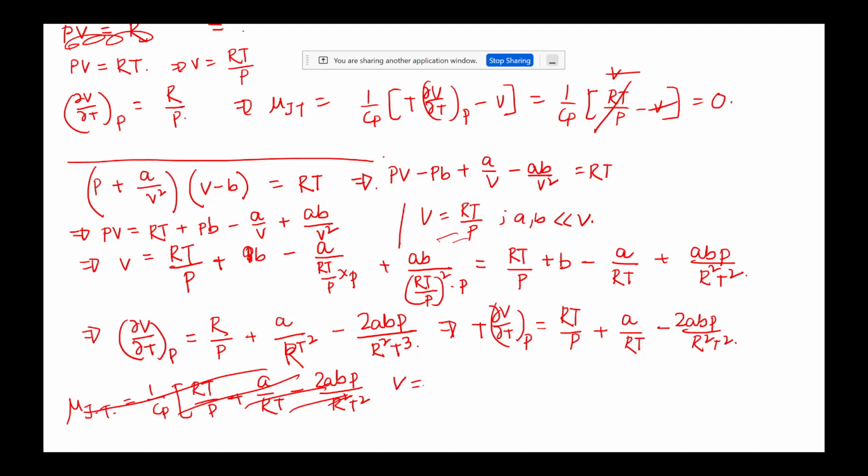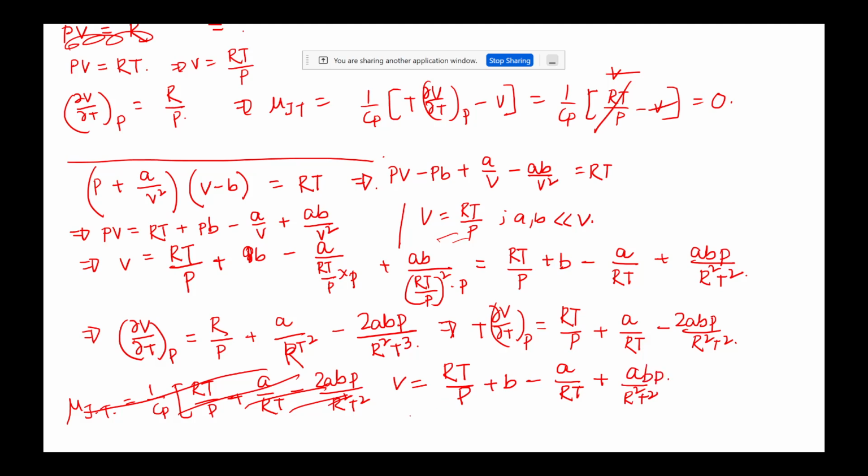V is equal to RT by P plus B minus A by RT plus AB P by R square T square.